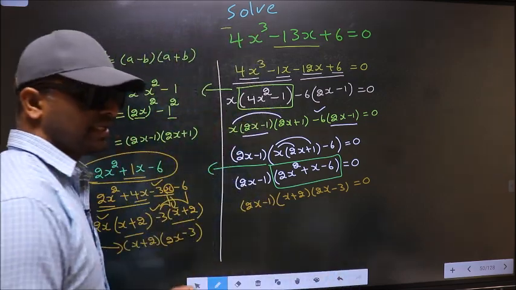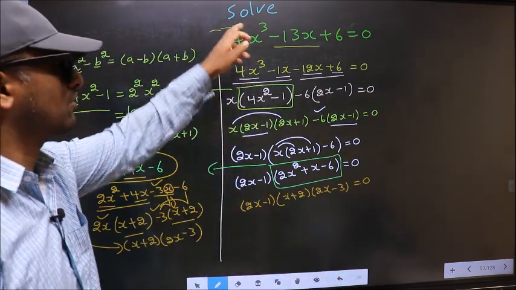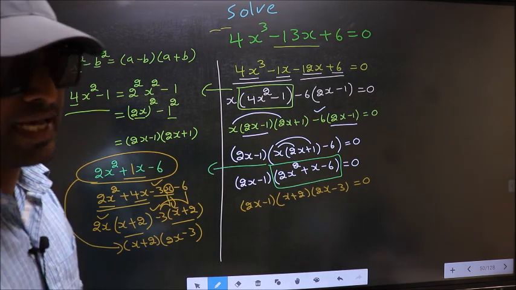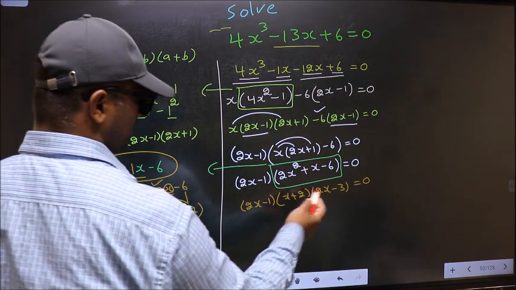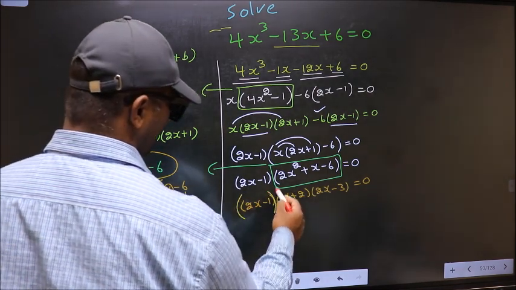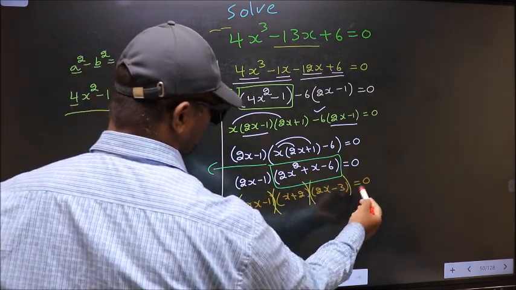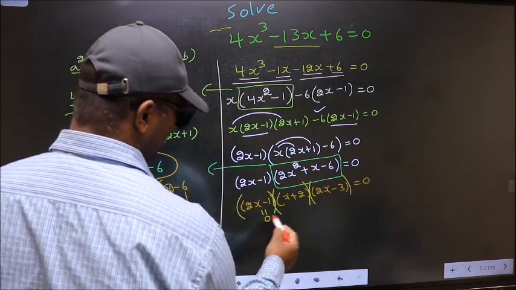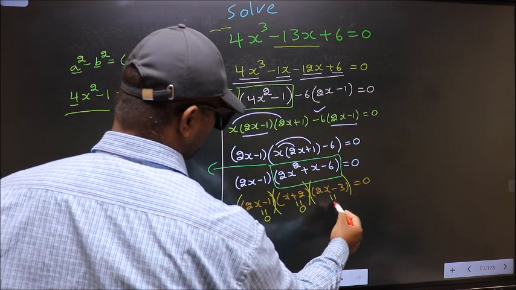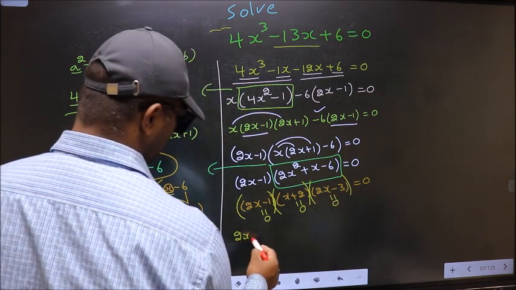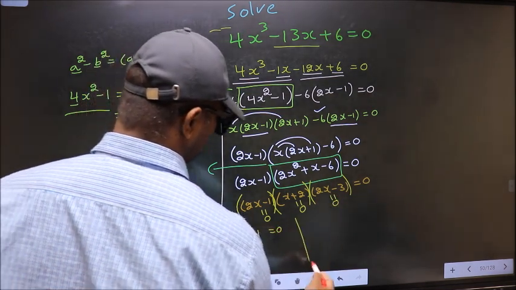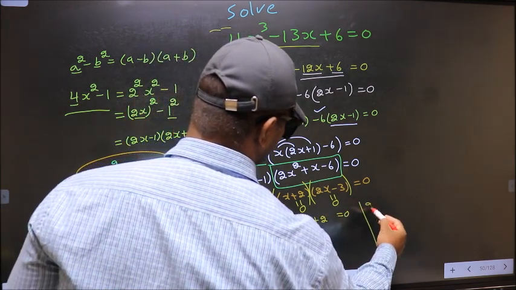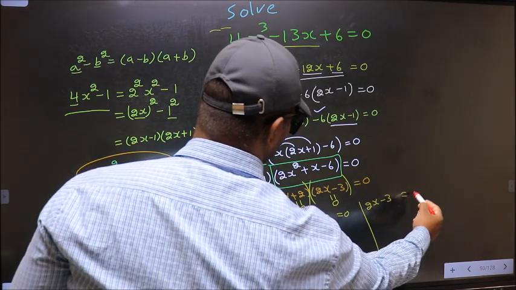Here they told us to solve, which means we should get the values of x, and over here we got product of brackets equal to 0. So to get x values we should equate each bracket to 0, that is 2x minus 1 equal to 0, x plus 2 equal to 0, 2x minus 3 equal to 0.